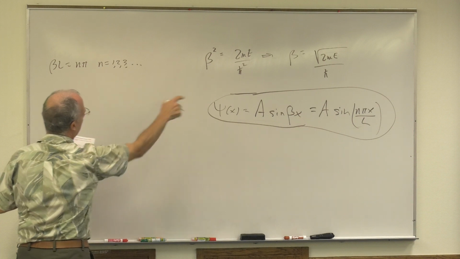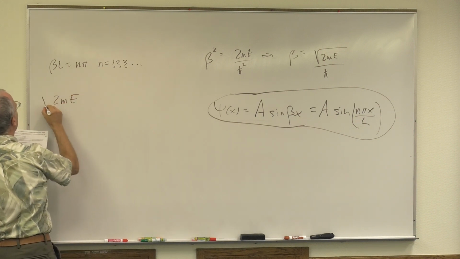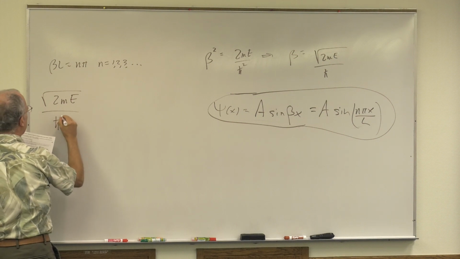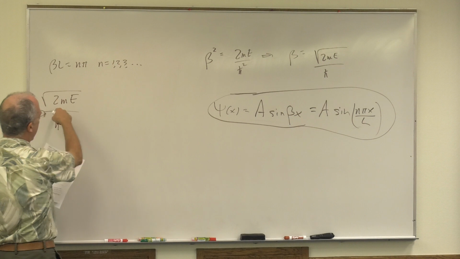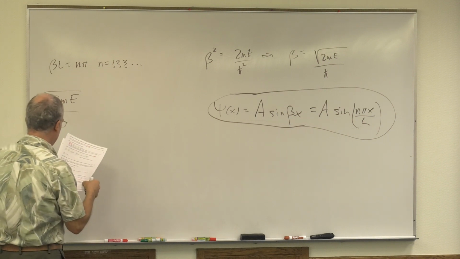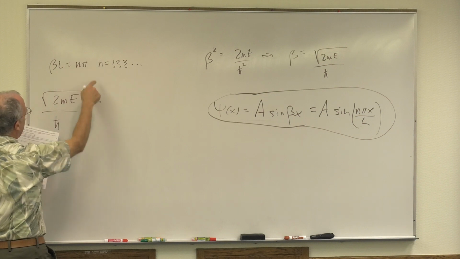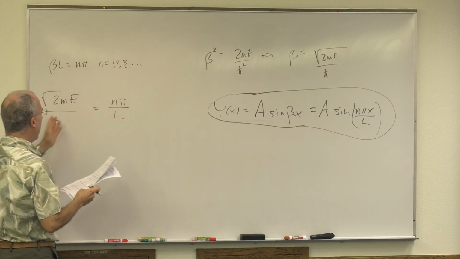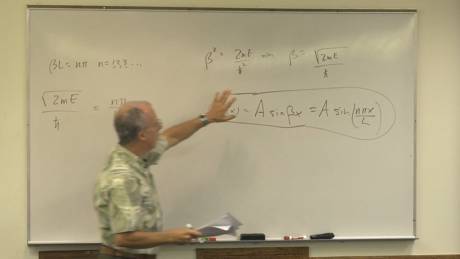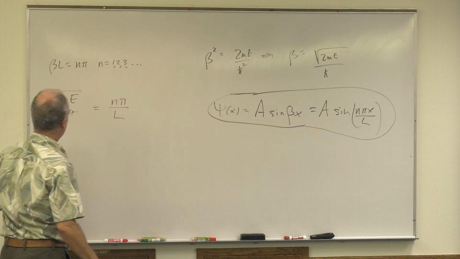And then we have over here that beta is square root of 2me over h bar. Here we have our beta, and here beta is n pi over L. Agree?